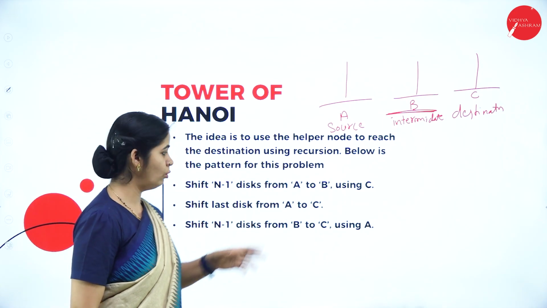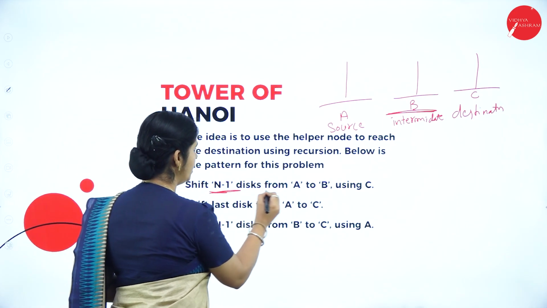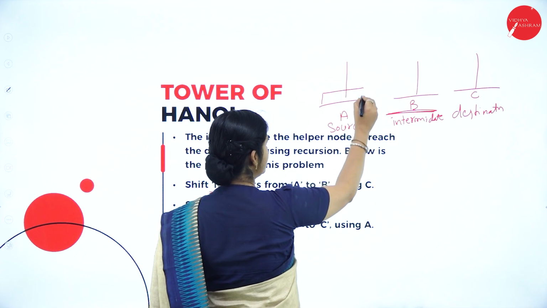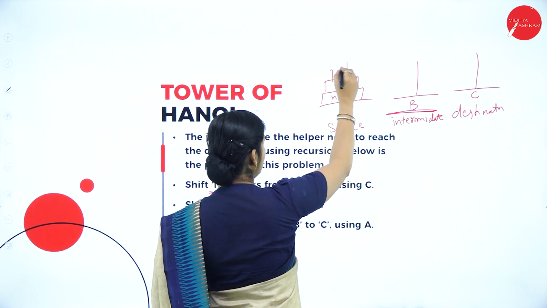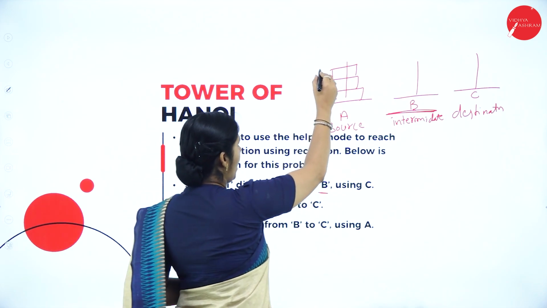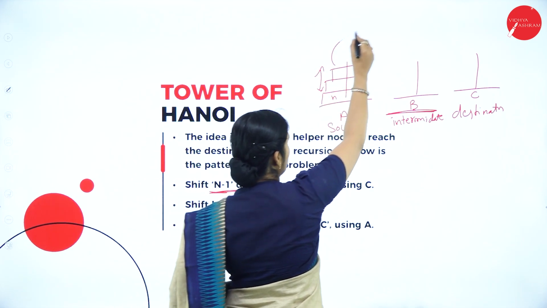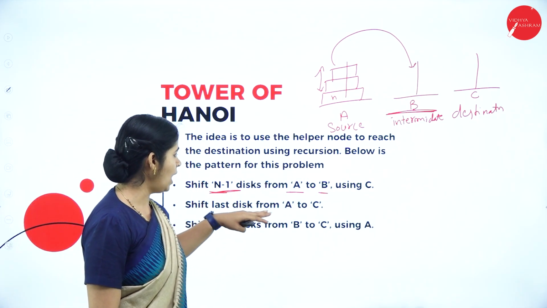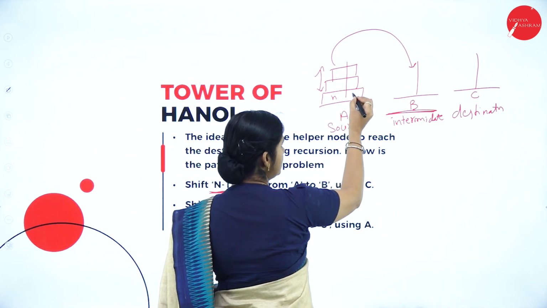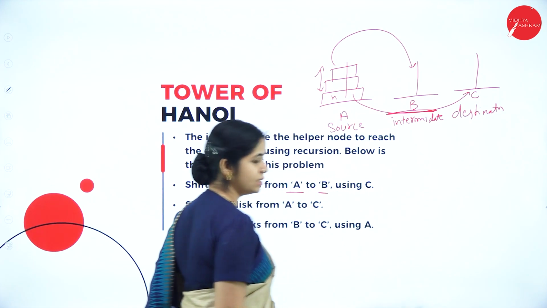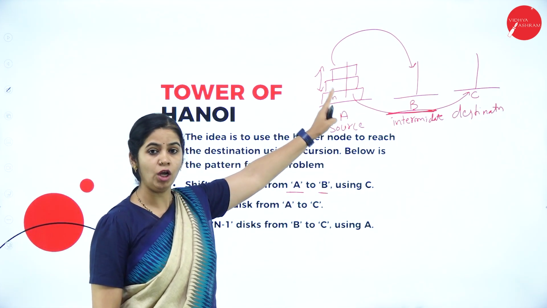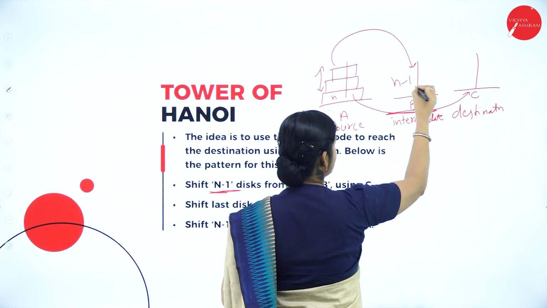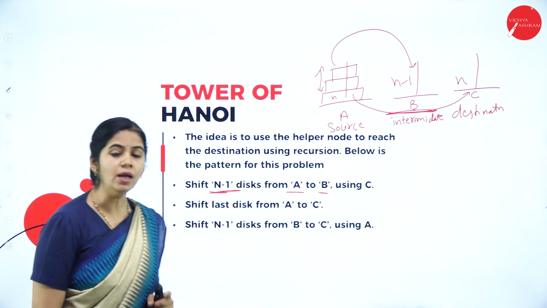The pattern of how we are moving is: shift n minus 1 disks from A to B. We are not moving the last disk, the nth disk, which is different. We move all the n minus 1 disks to the intermediate rod B. Then shift the last disk from A to C. Now A will have no disk, B will have n minus 1 disks, and C will have 1 disk.